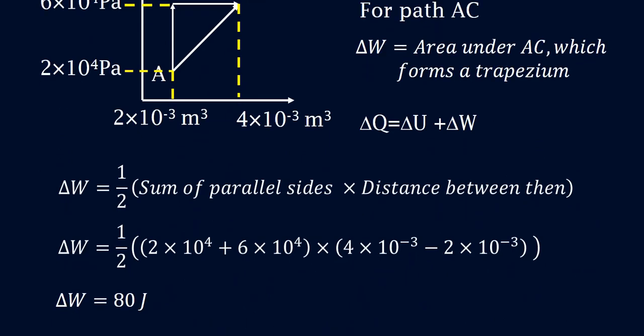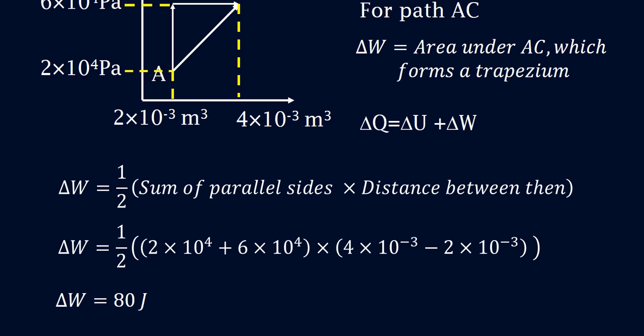Now, for path A to C, work done is equal to area under the curve AC, which forms a trapezium. Work done W is equal to half of sum of parallel sides into distance between these parallel sides. Therefore, delta W is equal to half into bracket 2 into 10 raised to 4 plus 6 into 10 raised to 4 bracket close into bracket 4 into 10 raised to minus 3 minus 2 into 10 raised to minus 3 bracket close.